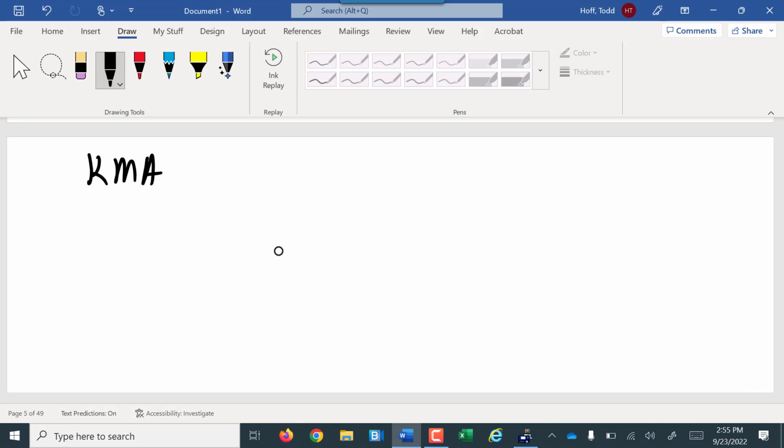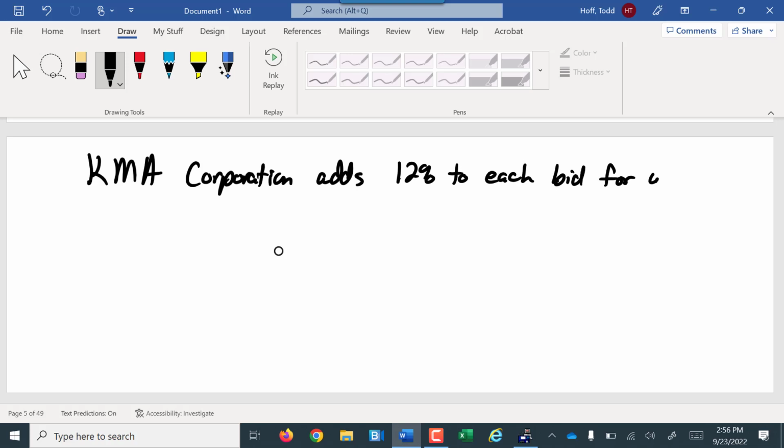So let's do KMA Corporation. Adds 12% to each bid for waste.